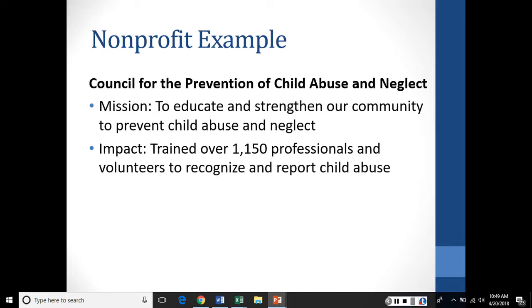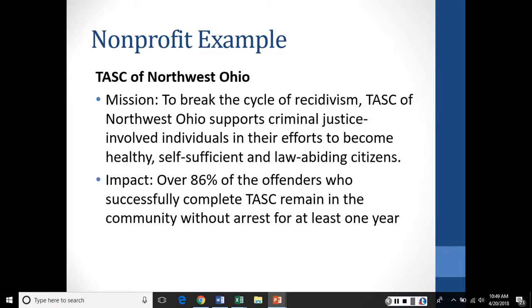Because their mission is specifically on education, that's a good impact measure. They could also look at child abuse numbers, but because of how they identified their mission statement, they can really focus on that education component.